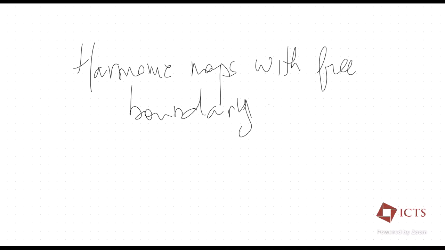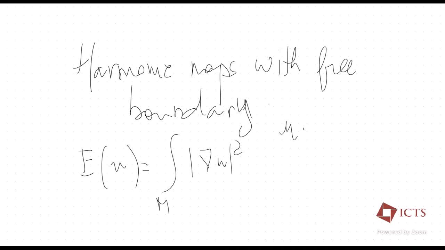So basically now you consider the same energy as before, except that your map is from M into N, and you add a constraint that it maps the boundary of the domain into a submanifold of the target.